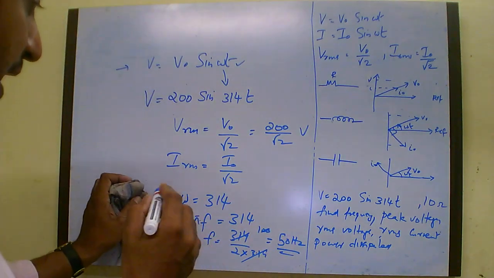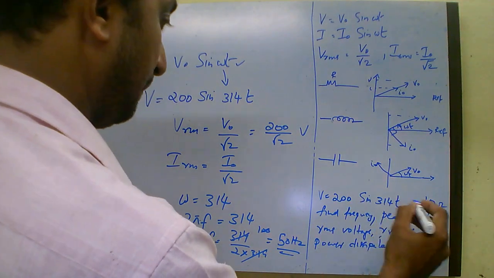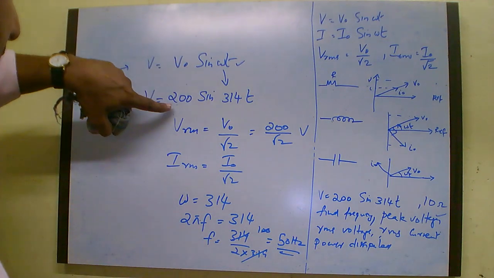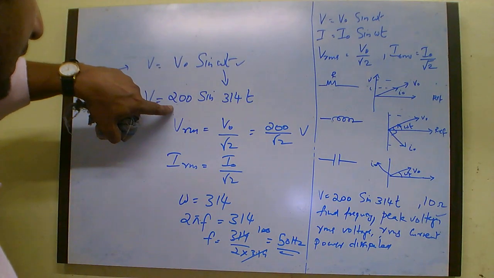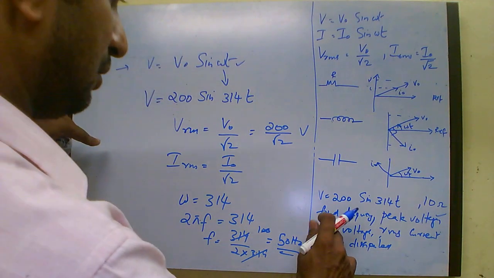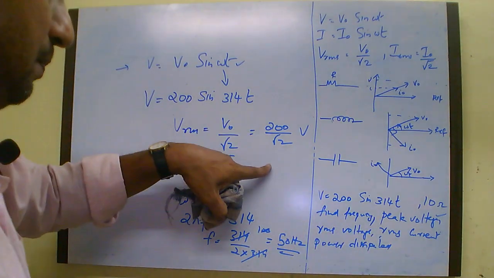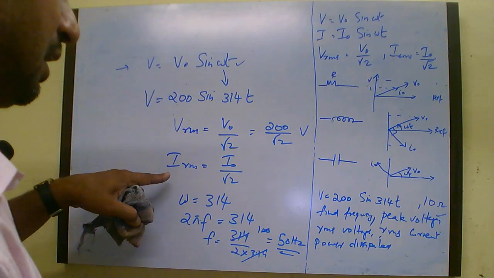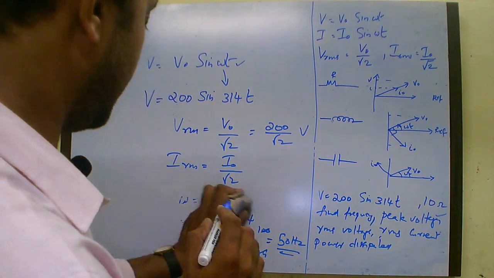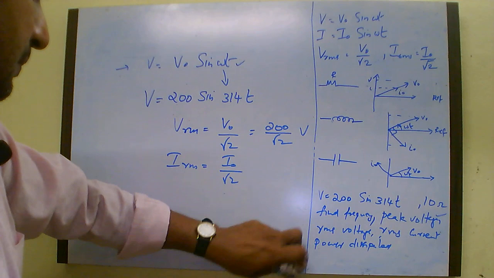Now what is IRMS? You have the peak voltage V0, that is 200. Then you have the frequency, which is 50 Hertz. Then you have the RMS voltage 200 by root 2. Then you want the RMS current. See, this voltage is applied across a resistor.